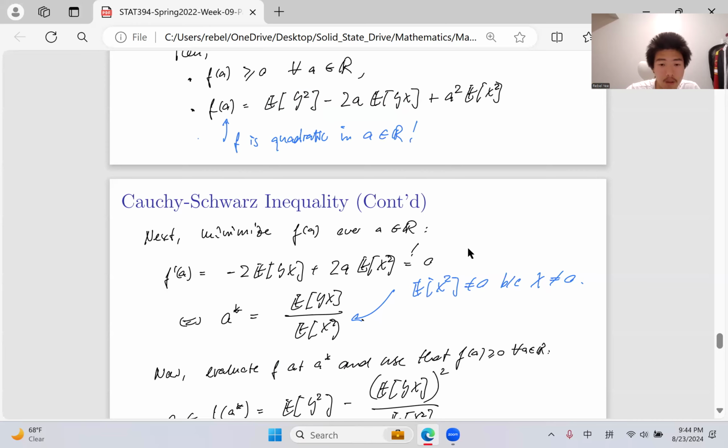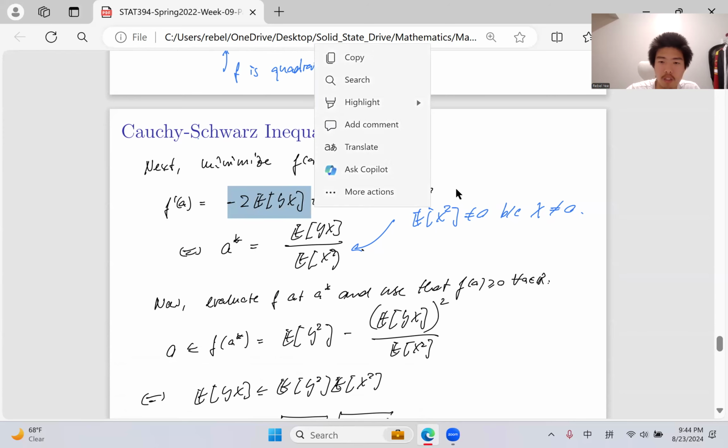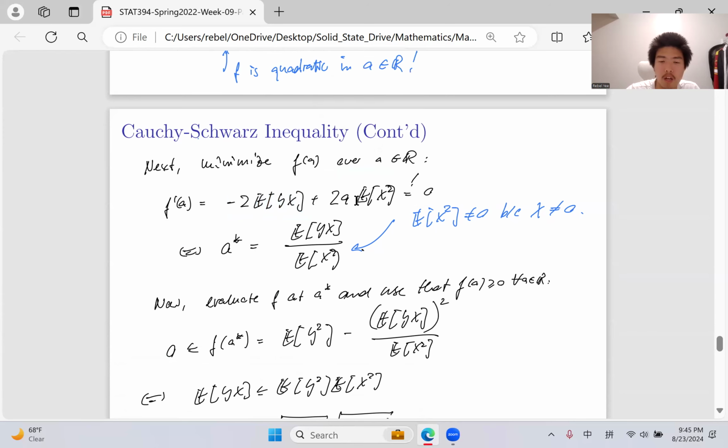First, move this part to the other side, so it becomes 2a times the expected value of x squared equal to 2 times the expected value of xy. The 2 can be cancelled out, and a remains. So a becomes the expected value of xy divided by the expected value of x squared.